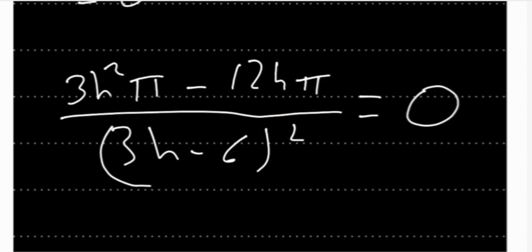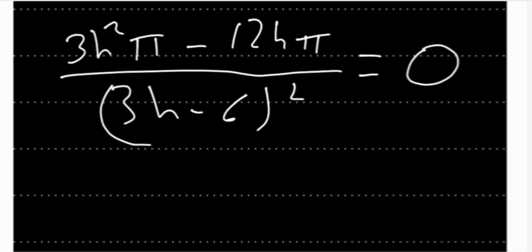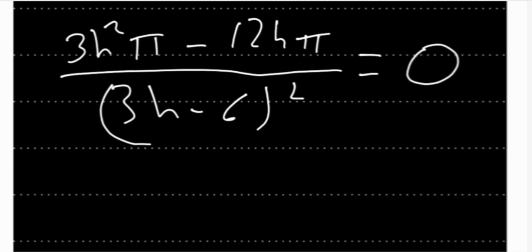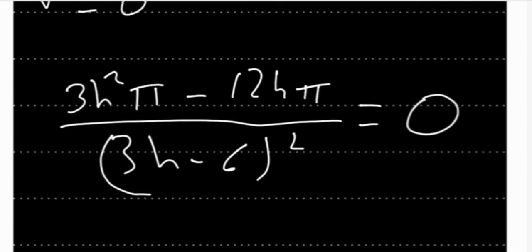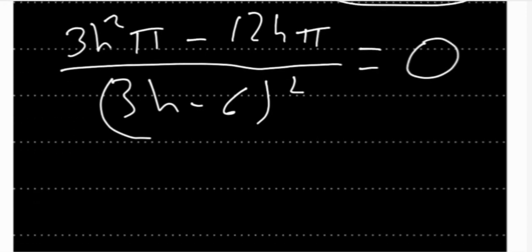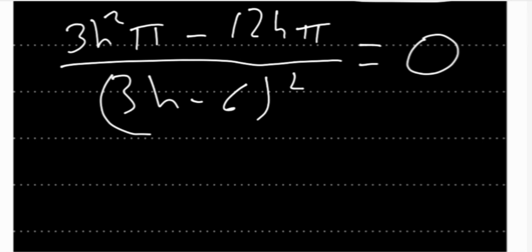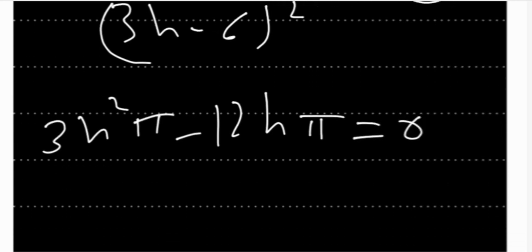So this will go to the other side multiplying and it will zero out, and it is squared over here, so we just need it so that h is different than 2, okay? H is different than 2, so we don't have 0 down here, and there won't be any problem. So 3h²p minus 12hp is equal to 0.